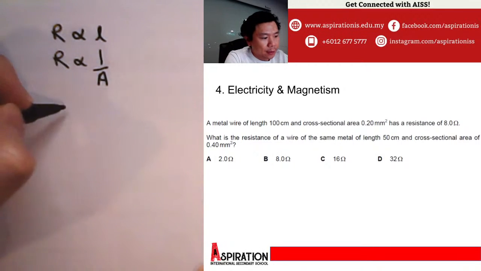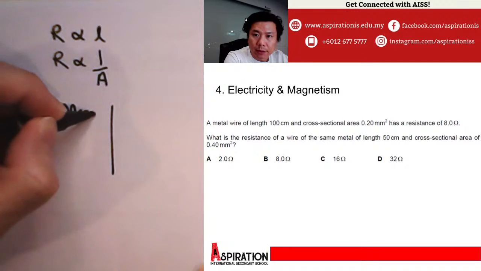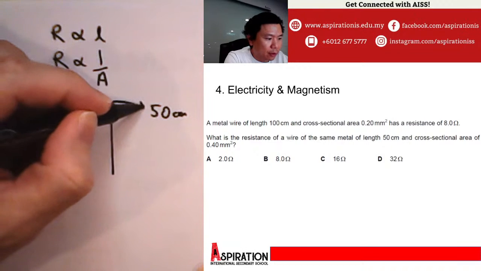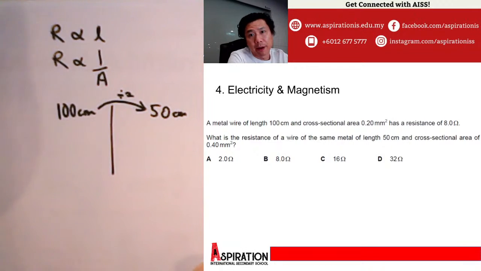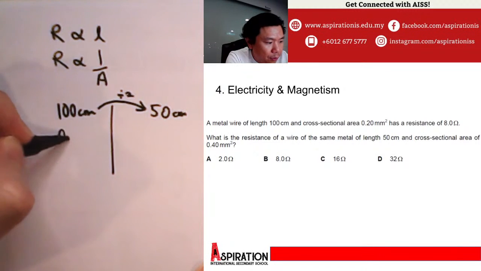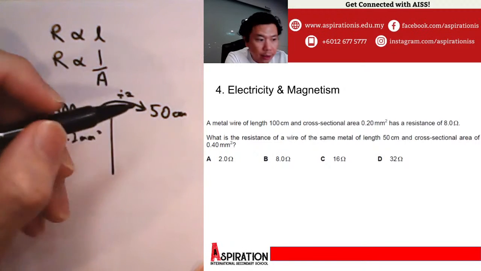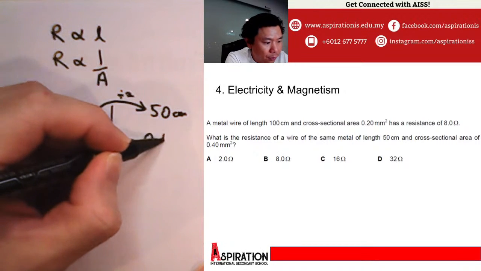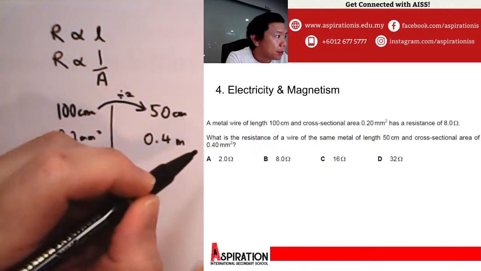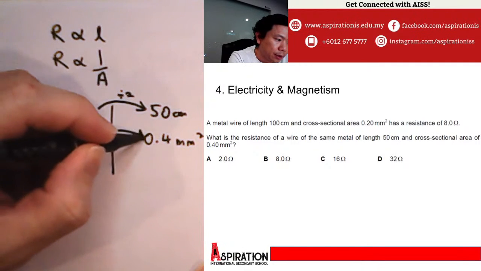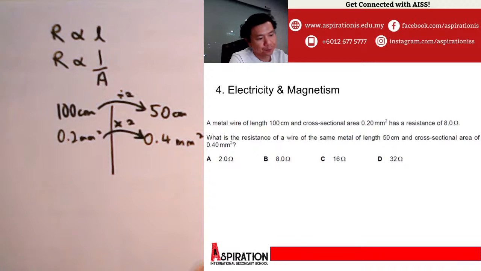First it was 100 centimeters, and now it is 50 centimeters. So this is definitely reduced by a factor of 2. Now the area is 0.2 mm squared, and now the area has become 0.4 mm squared. Thank you for trying, guys. So this is increased by a factor of 2.